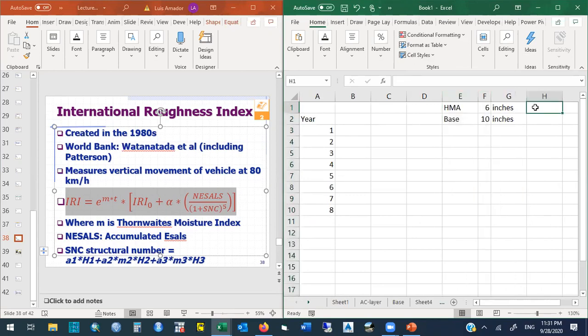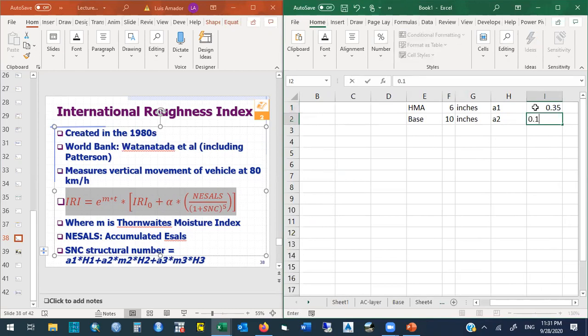And I'm going to use coefficient A1 and A2. So I hope you trust me. I'm just going to use 0.35 for this and 0.15 for that. Don't worry, I will probably give you the structural number at once. I just want you to see where this is coming from. So I just multiply this times this and this times this, and I make a summation of this plus that.